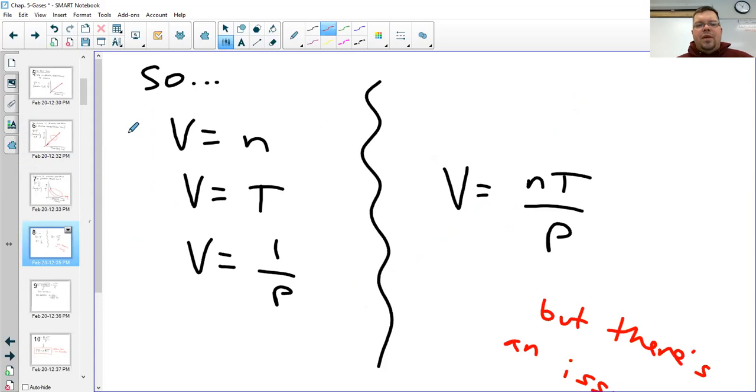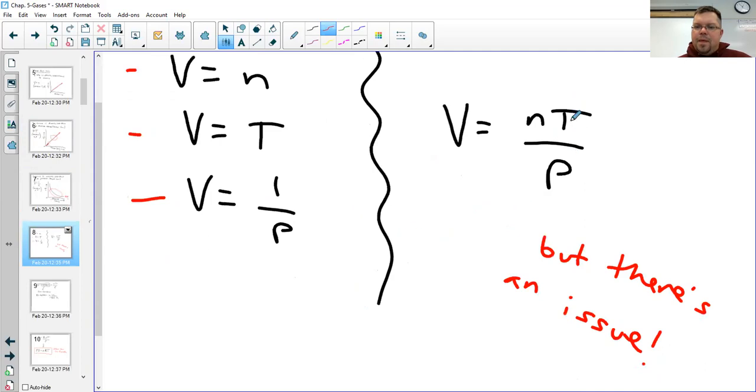Now moving on. So we have the three relationships. Volume is directly proportional to moles. Volume is directly proportional to temperature. Volume is inversely proportional to pressure. If we have an expression where we have three variables, N, T, and 1 over P, equaling V, we can smash them all together and create one combined equation.